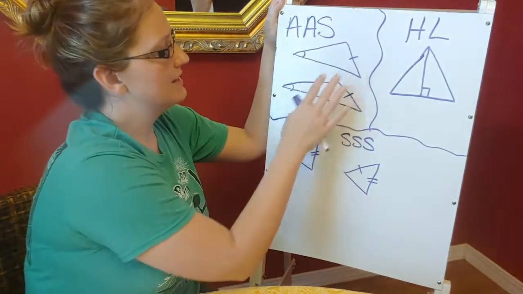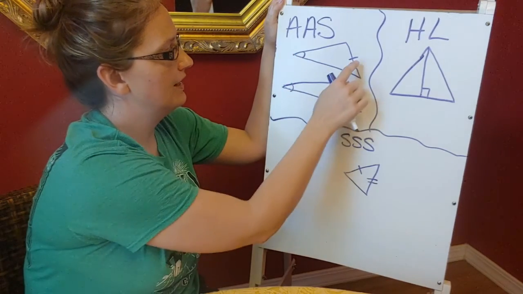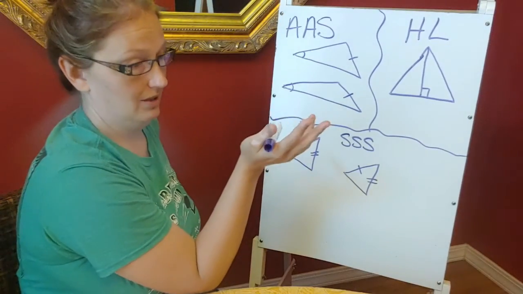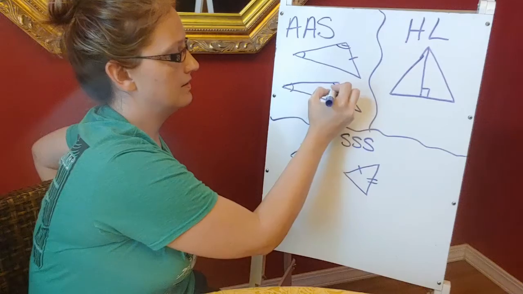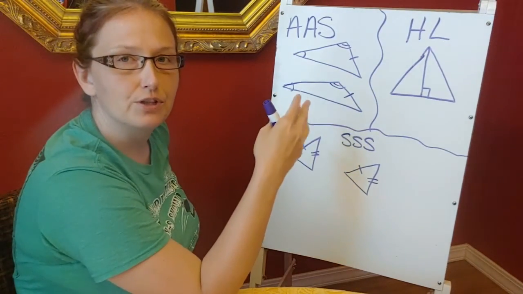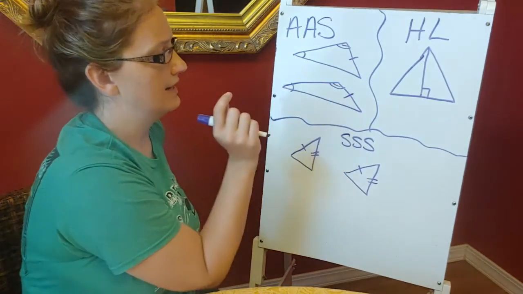So if I'm looking at this diagram here, I already have two angles that are congruent to one another and a side that's congruent. So I need to pick a couple of these other angles to also be congruent to one another. So if I make that one and that one congruent, then these two triangles are congruent to one another. Angle, angle, side.